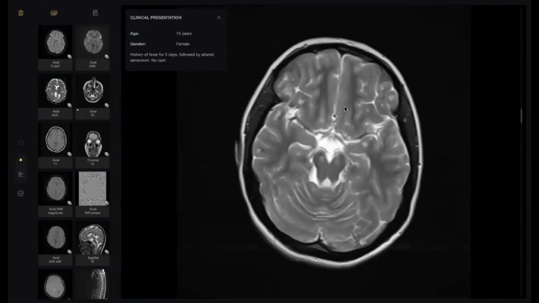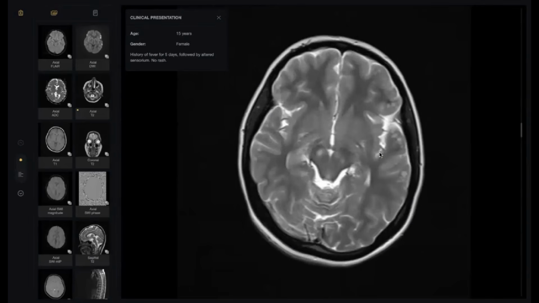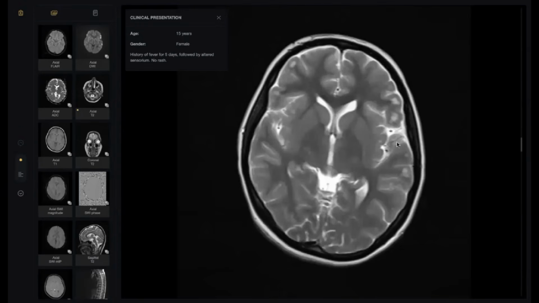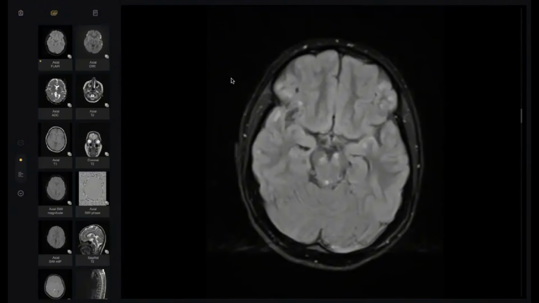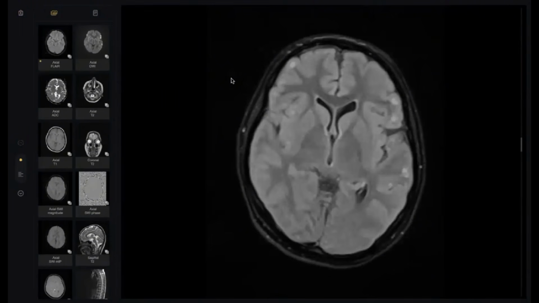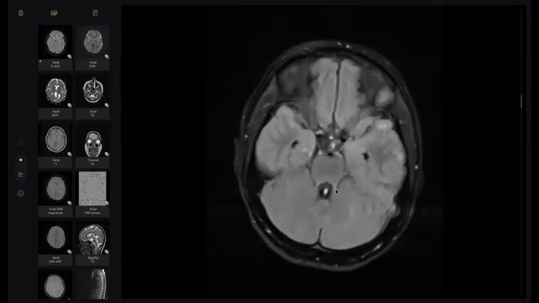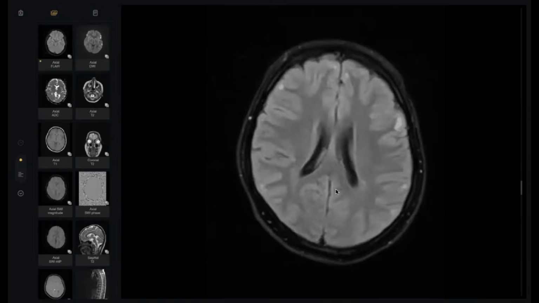Firstly, I would like to take the FLAIR. The FLAIR confirmed the presence of these multiple foci. Now the T1.